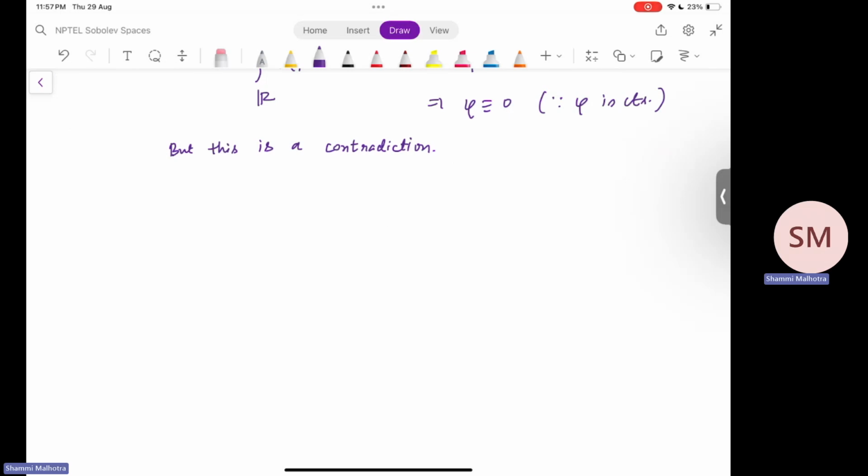So this is something stronger than the Poincare inequality. Poincare is if u is in Sobolev space, then we can say that u is in the corresponding LP space, but not only that, stronger than Poincare.